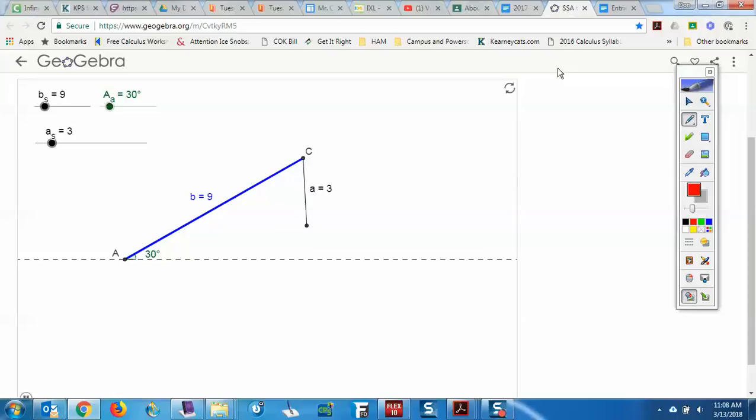If you happen to get a picture, maybe on some of the story problems we do today where you have to draw the picture, that's what we're going to work a lot on today, getting the right picture drawn for a story problem. But if you draw it and you just don't have that angle down in this corner, keep in mind, if it's an SSA situation, the swinger, the one we're debating about, too long, too short, whatever, is always the one across from the angle.